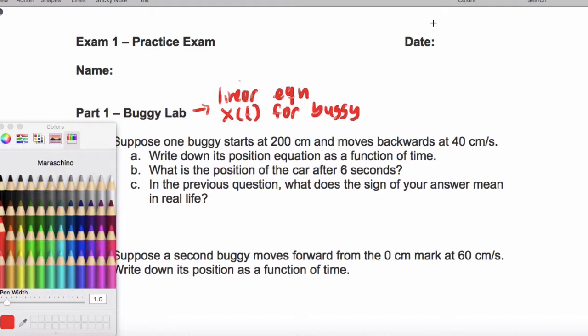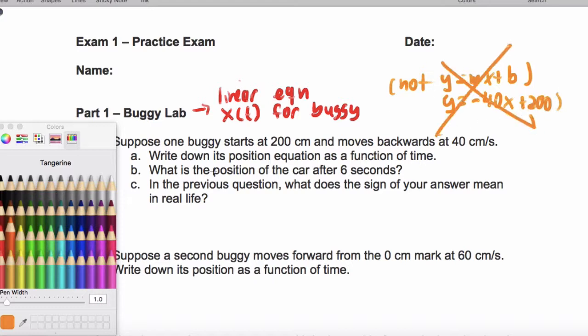Now, it's not y equals mx plus b, and I don't want to see you writing y equals, in this case, negative 40x plus 200. That's not how we're going to do this. Instead, let's be careful. We know the starting position is the y-intercept, and that the slope is the velocity.